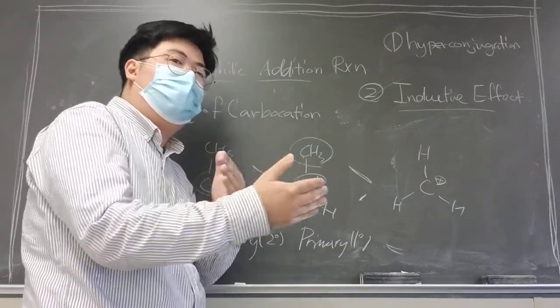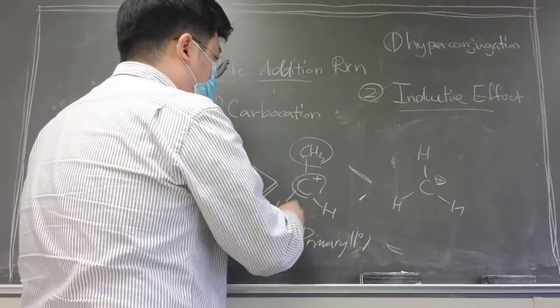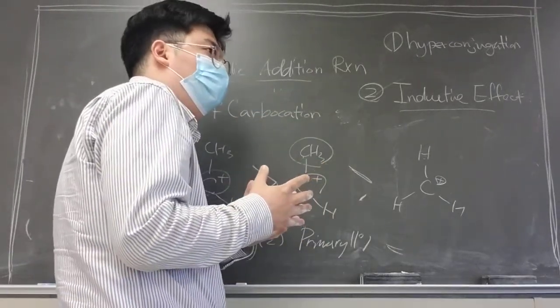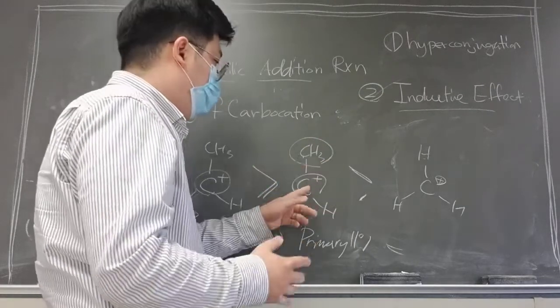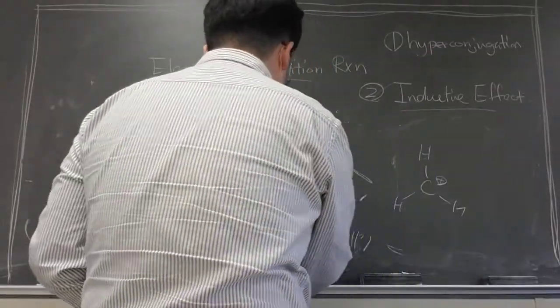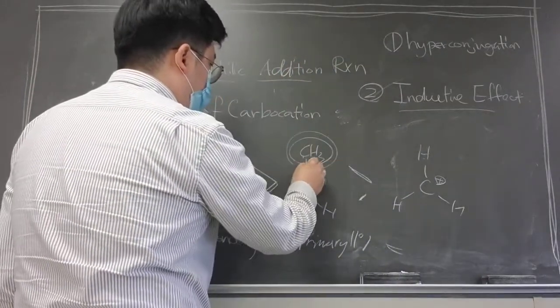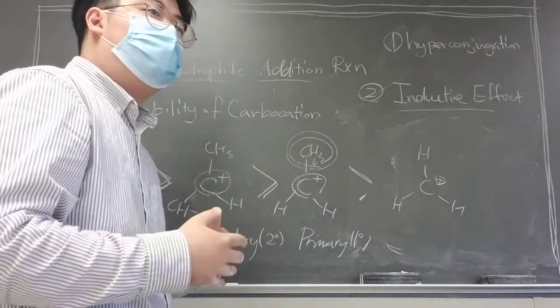And also has a lot more protons and electrons here. So they provide a more electron-accessible environment for the carbon cation than hydrogen. So they're going to have some electron, in the textbook it says electron donating.